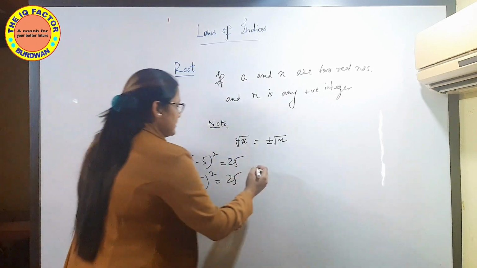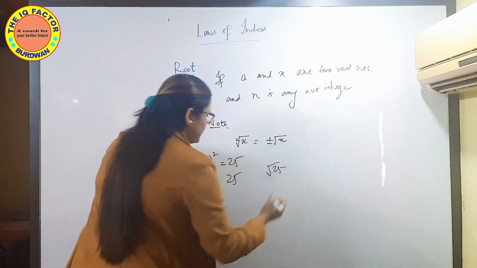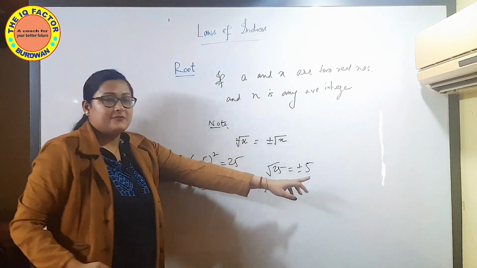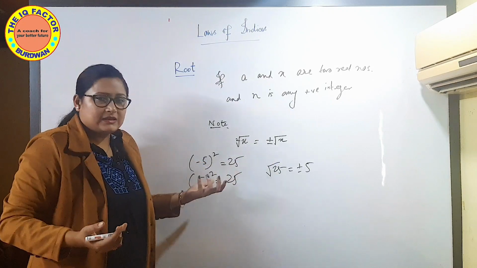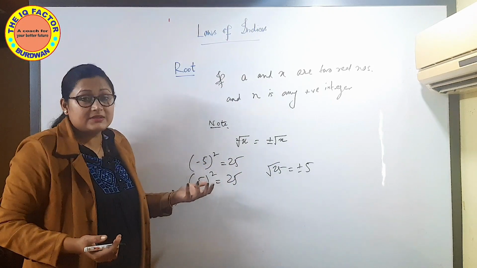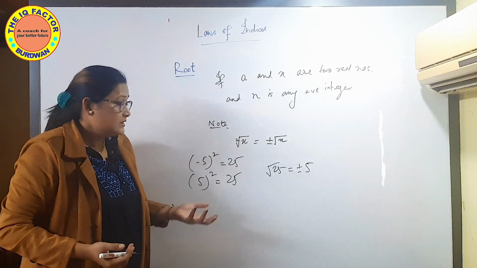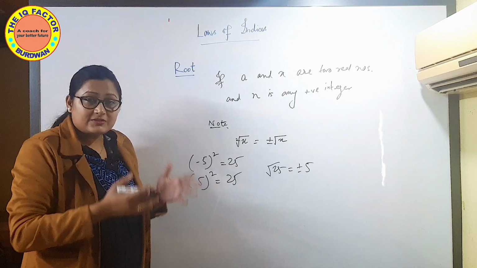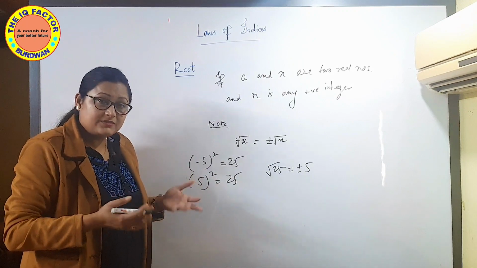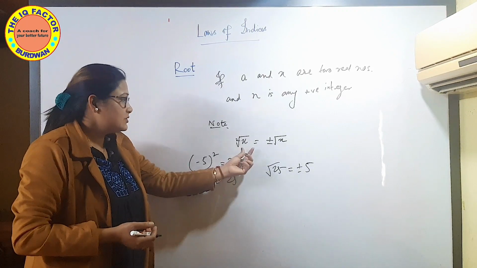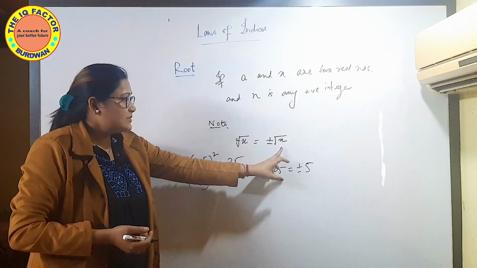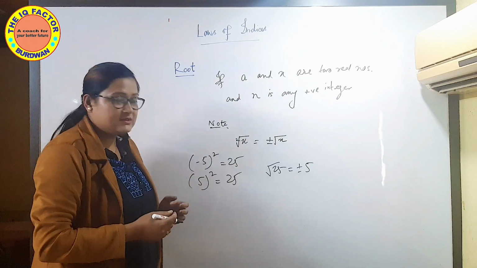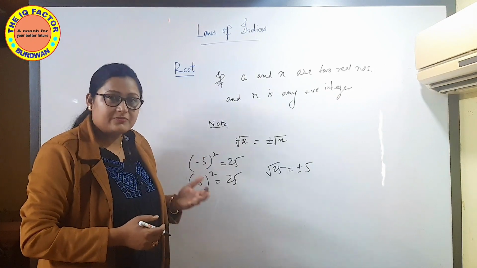So, if we are to find square root of 25, it will be plus minus 5. If you take 16, it will be plus minus 4, because plus 4 whole square is 16 as well as minus 4 whole square is 16. So, square root of x is plus minus root x, and I have discussed cube root, sixth root, fifth root.